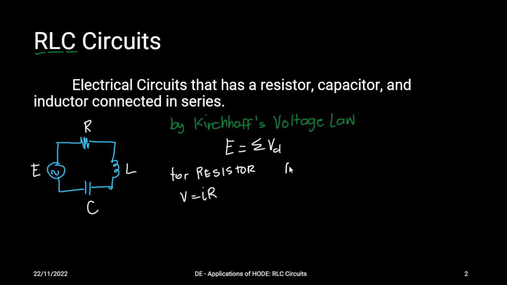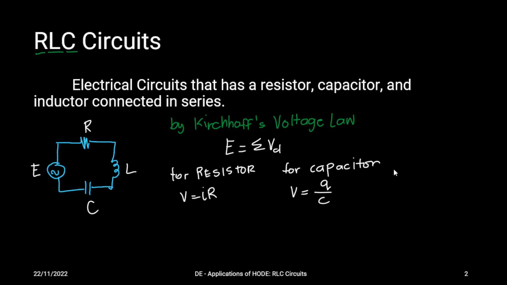Okay, so for the capacitor, we know Q is equal to CV, or rather V is equal to Q over C, sorry. This is the formula for the voltage across the capacitor: the charge over the capacitance.